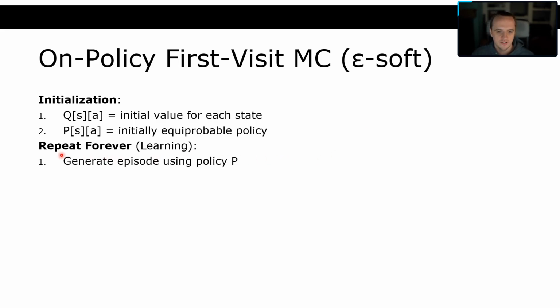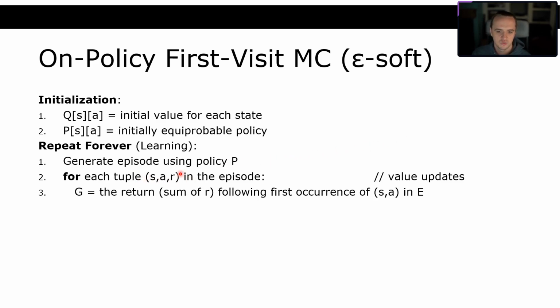We're going to generate an episode using the policy P, right? We went over that last time. Then for each state action reward tuple in the episode, we calculate G, which is the return following the first occurrence of the state and action pair in the episode. So that's what we did last time in first visit.